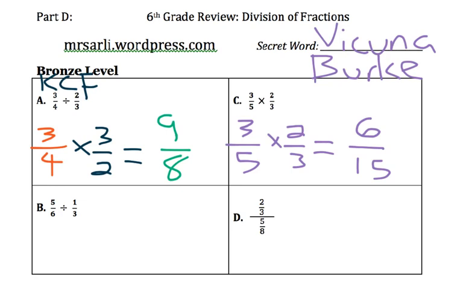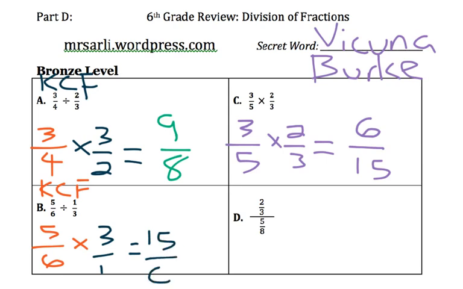For B, since we're dividing, we could change this problem into a multiplication problem using KCF again. So I have 5/6. I change division into multiplication, and instead of 1/3, I do the inverse, and I flip it to 3 wholes. 5 times 3 is 15. 6 times 1 is 6.